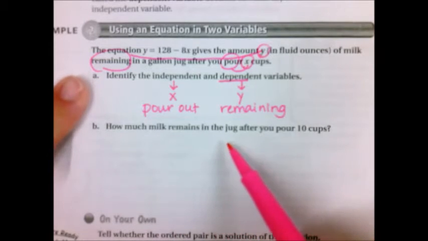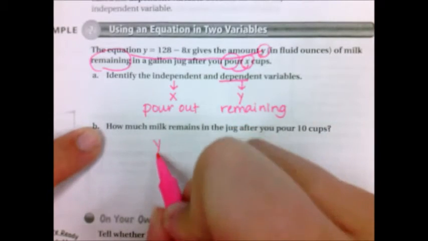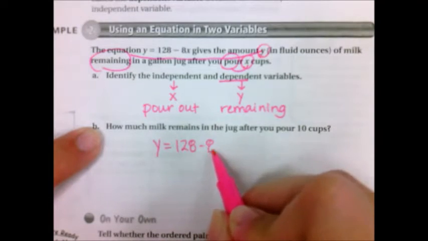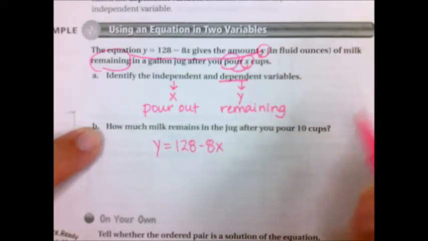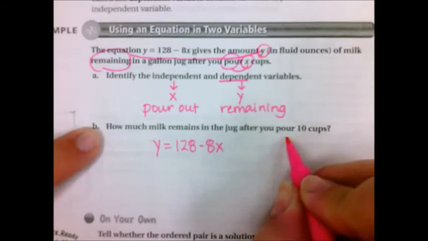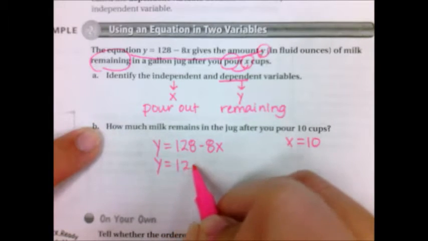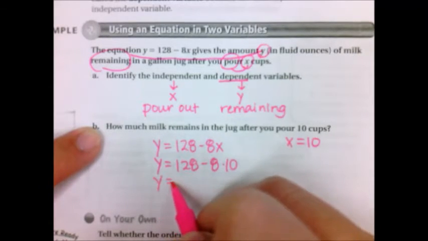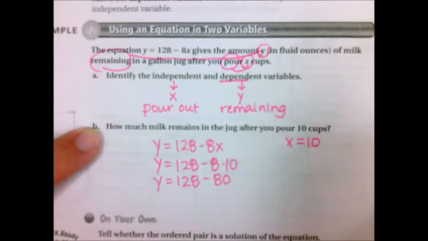How much milk remains in the jug after you pour 10 cups? I'll copy my equation. We've already identified that pouring out is the variable x. So this is telling me x equals 10. y equals 128 minus 8 times 10. y equals 128 minus 80, since 8 times 10 is 80.